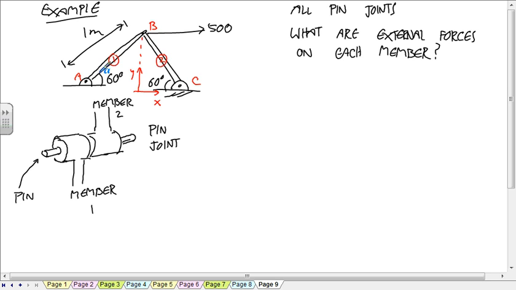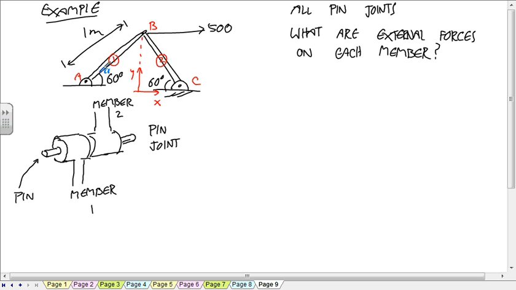Or I can isolate the pin. Instead of treating that as a rigid body, I'm going to treat that as a particle, because we're just going to assume that it has no width. And that particle has a force applied to it by body 1.